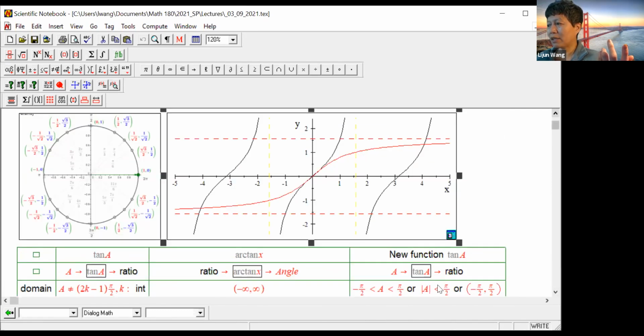With that truncation taking place, what quadrants are left and what quadrants are discarded? Look at the new function, right? Which quadrant in the unit circle is left? Which quadrants in the unit circle are discarded?